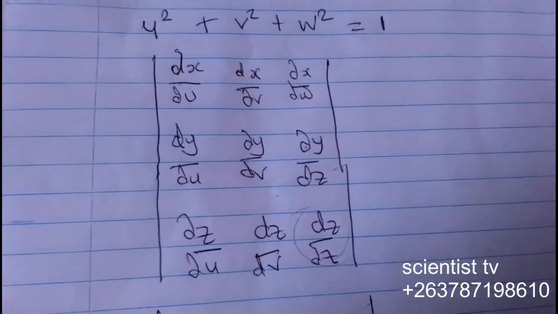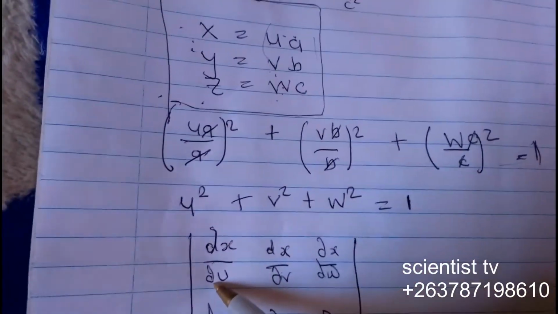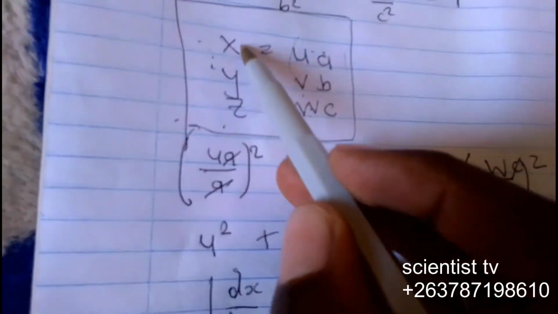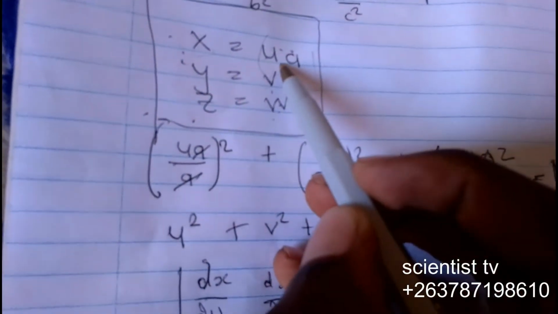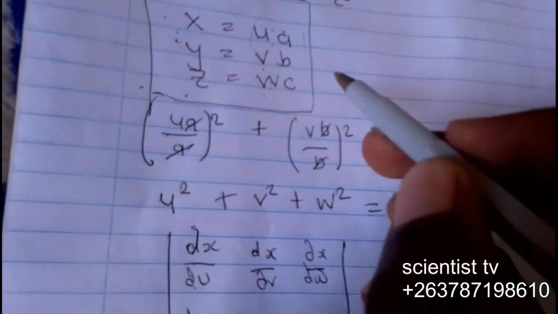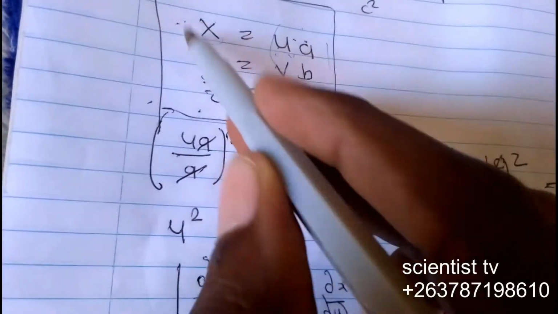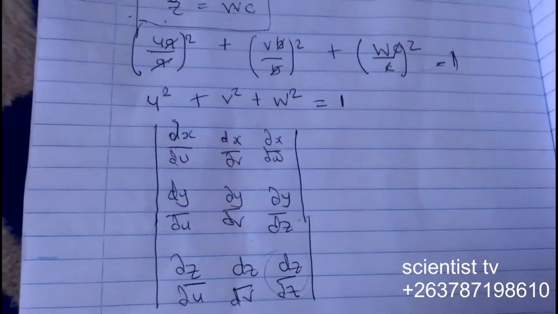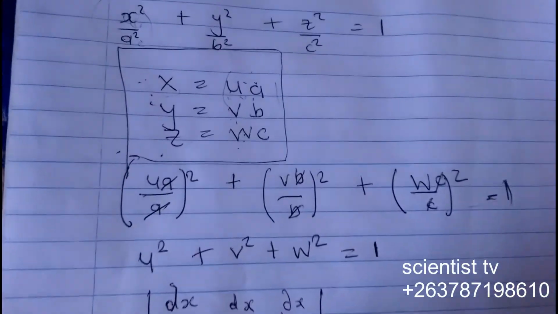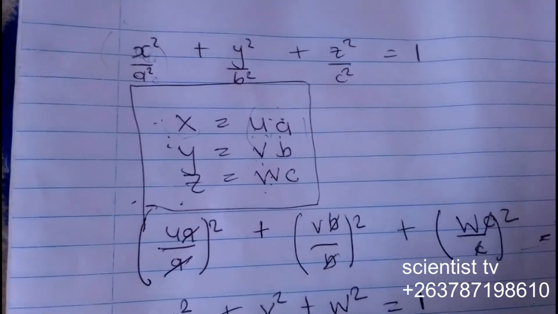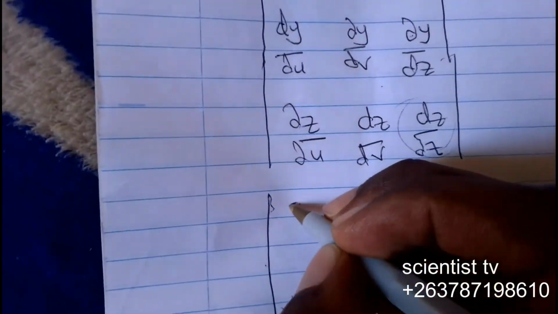Okay, let's go. x in terms of u. The partial derivative of x with respect to u is a, right? So we write down a in the first column.